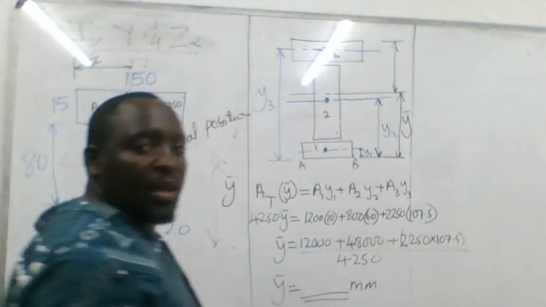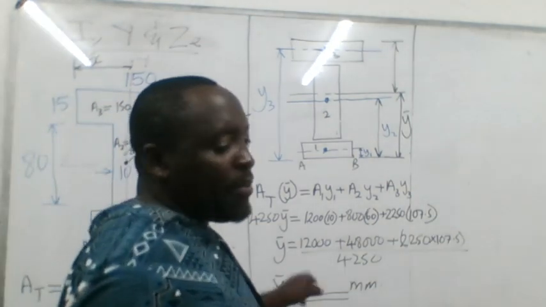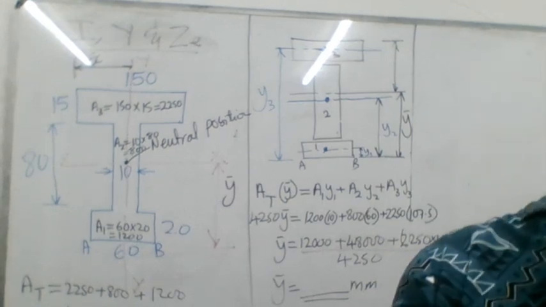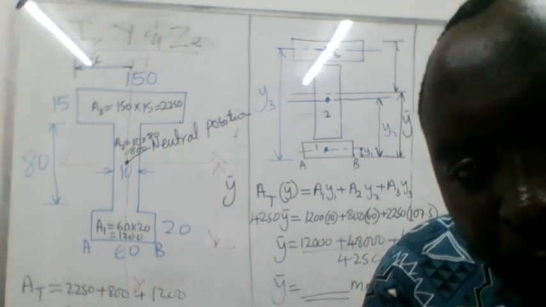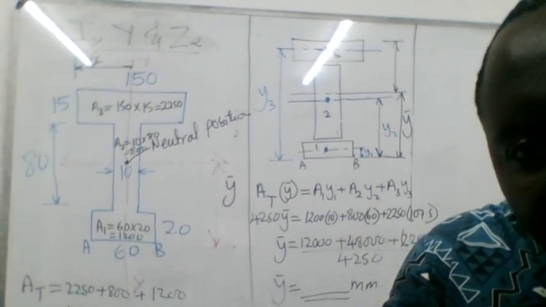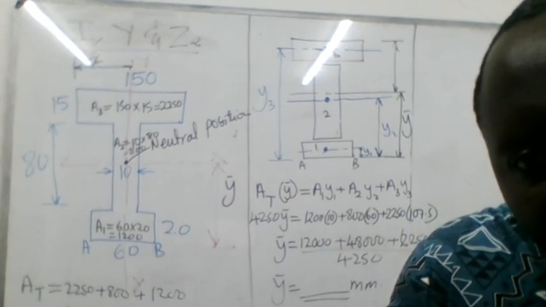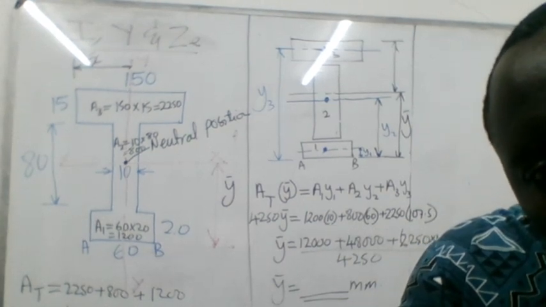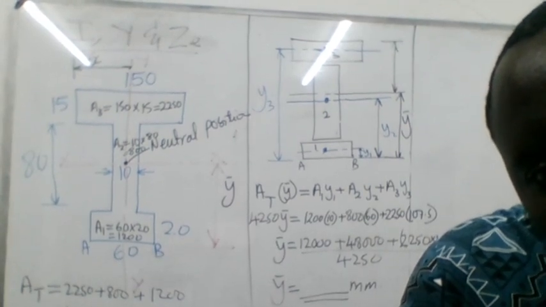Okay, so maybe just to double check the number here, because I think there was a patching error. Just to fix it, based on what we have, it's 2250 multiplied by 107.5.